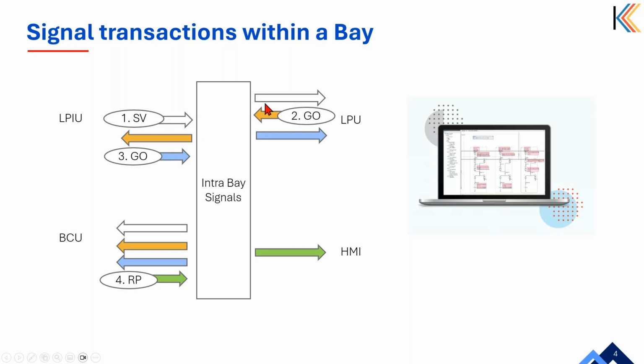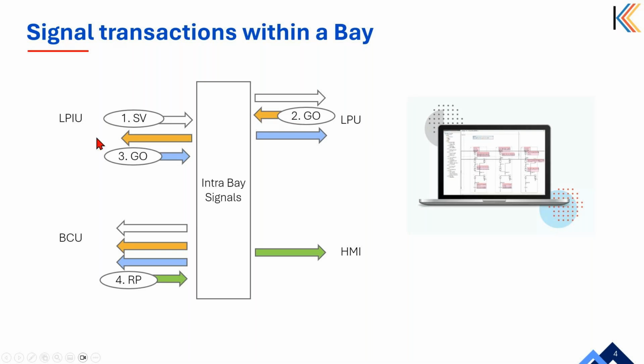We can see this in the signal metrics, and this also will go to the BCU, the bay controller unit in the network. These two devices will be monitoring the sampled value signals from the network, and based on the scenario, like if there is a fault or a disturbance in the network, the LPU will monitor that situation and trip the breaker. Tripping of the breaker will be initiated by the LPU, and you can see this amber colored arrow that indicates the GOOSE.